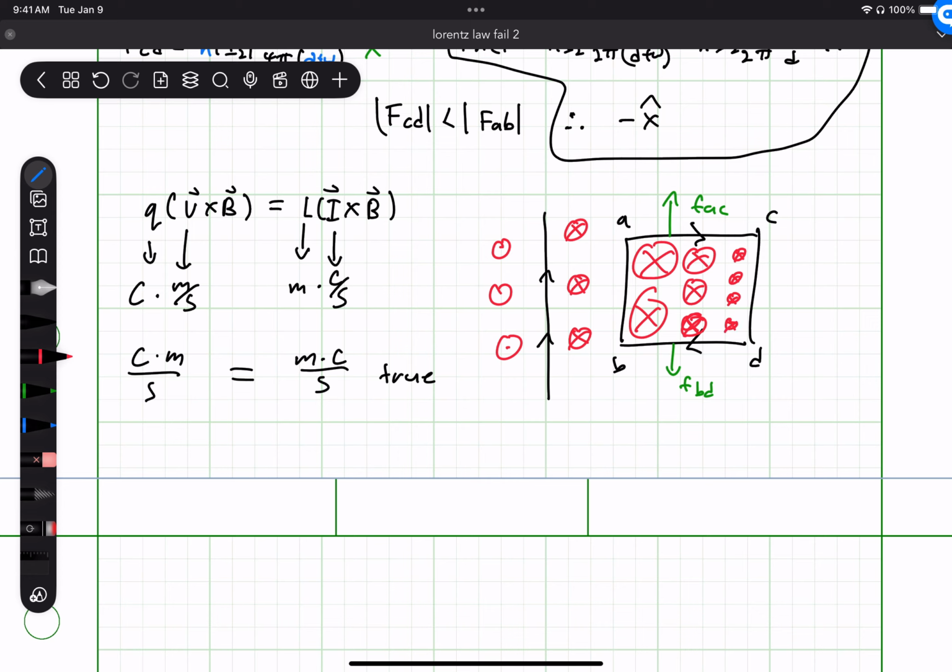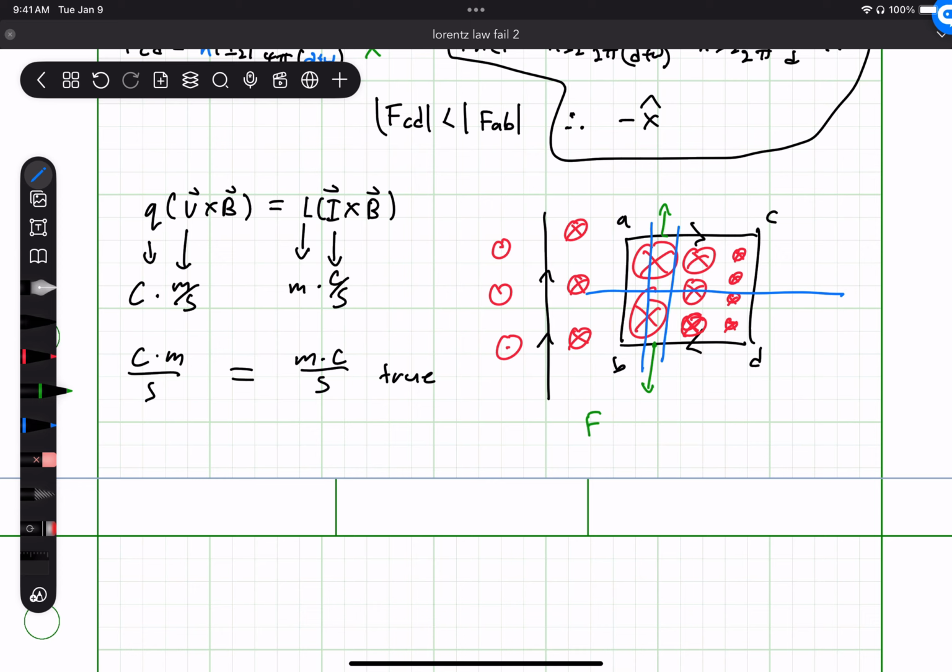It's falling off with a 1 over r relationship. But you see that there's a symmetry going on between these two. At any given point, we will have the same force. Let's say between these two lines, we have the same force. Okay, so they will cancel out.